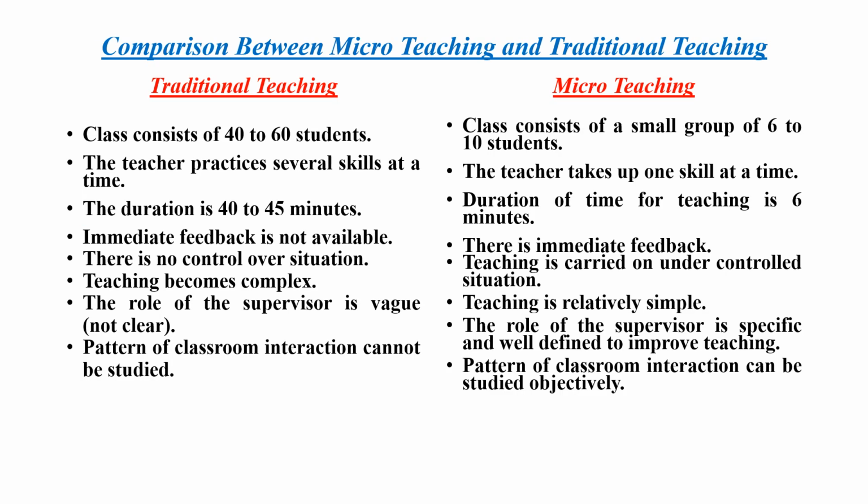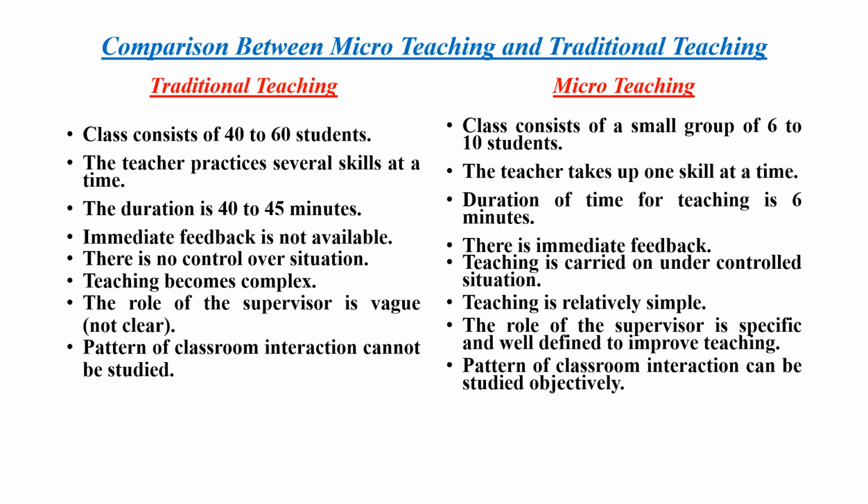If you compare micro teaching and traditional teaching, in traditional teaching the size of the classroom consists of 40 to 60 students, whereas in micro teaching the size is reduced to 6 to 10 students. In traditional teaching, the teacher practices several skills at a time. Here, the teacher takes up one skill at a time.